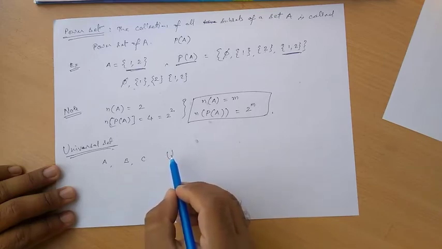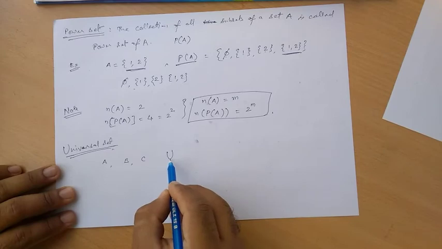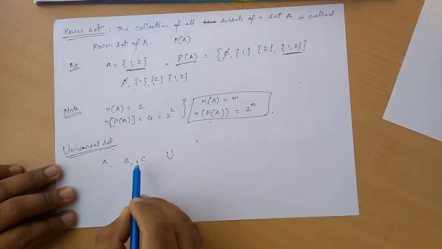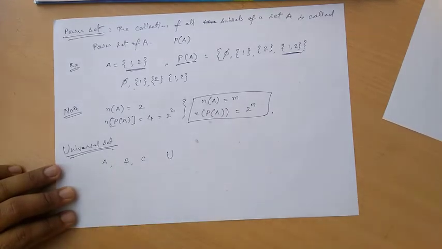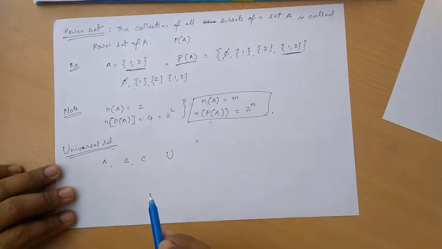So all the elements will be included in this universal set. U is nothing but all the students in your school, and A, B, C will respectively be one class, class 1, class 2, class 3 and so on.